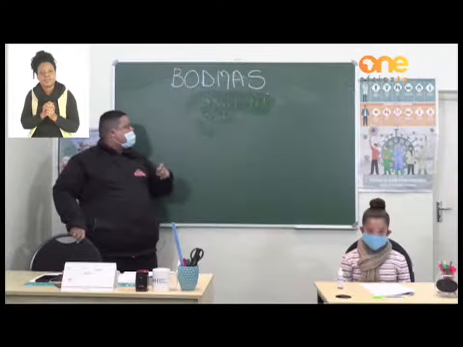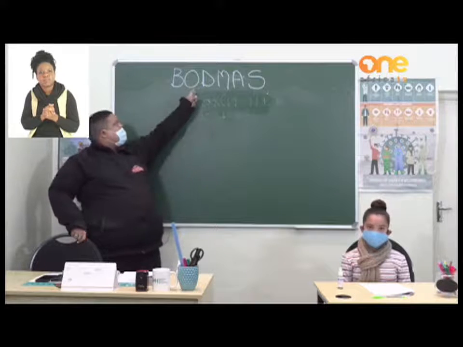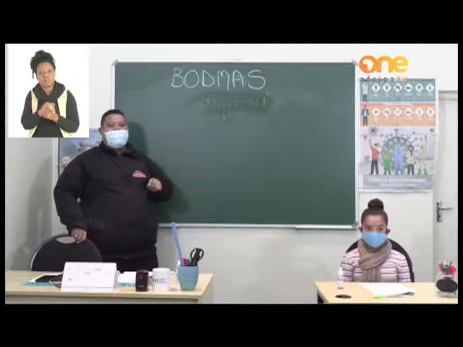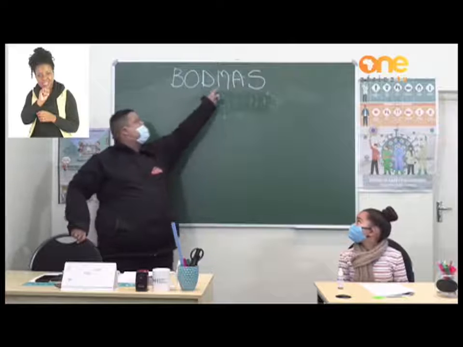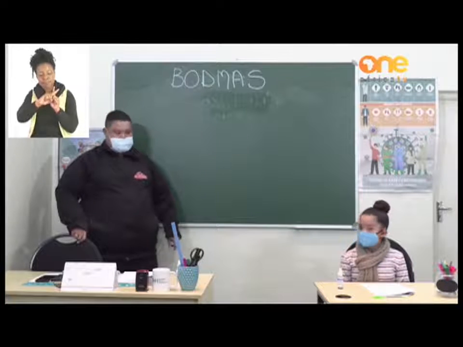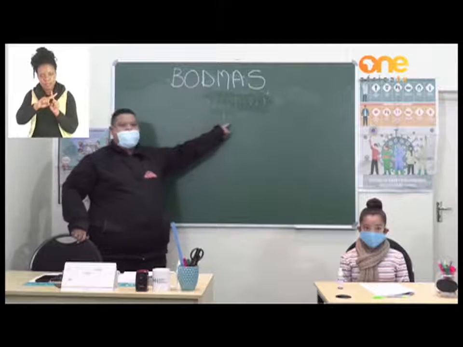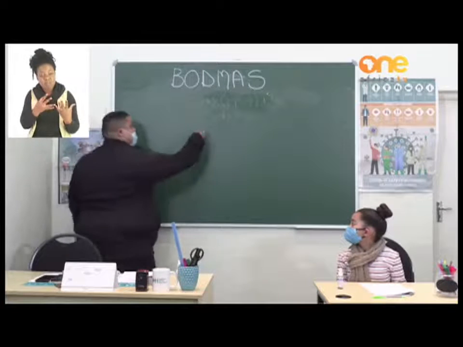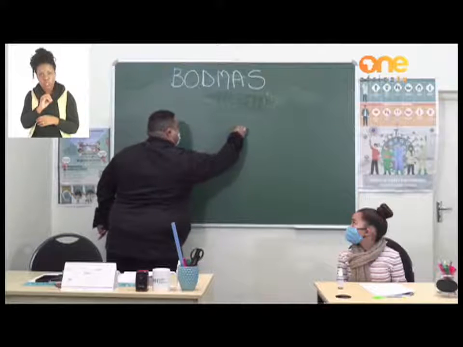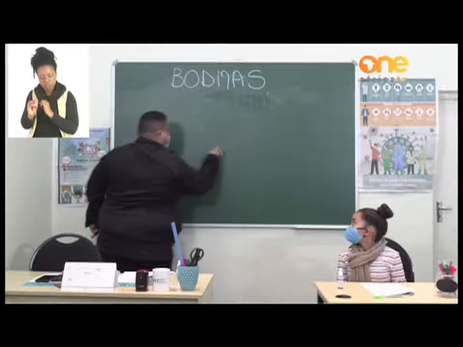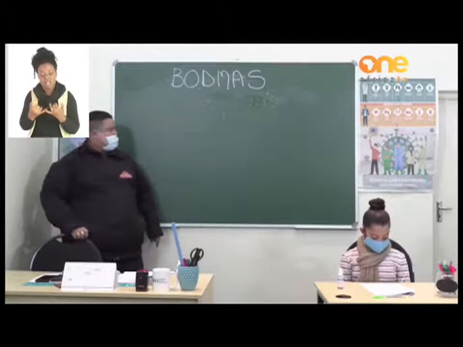Now we see which of these two sums we must do first. The multiplication or the addition. According to BODMAS, we must do the multiplication first. So we're going to say 10 times 12, and 10 times 12 equals 120. And then we're going to add plus 24. And now we are going to do the last part of our sum.